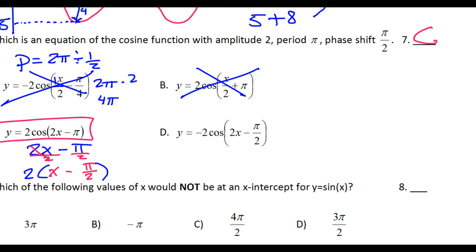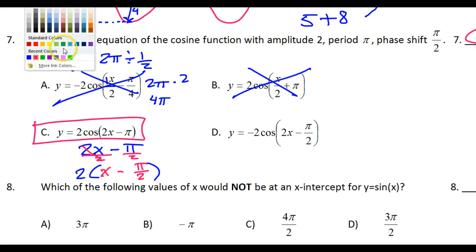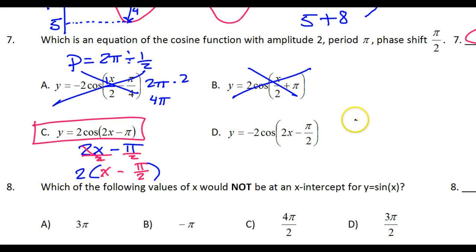Just for fun, let's look at what the phase shift of D would have been, and you'll see that it wasn't going to be pi over 2. All right, the main thing is you can't look at this and go, oh look, there's the phase shift right there. No way. What you have to do is you look at this part.